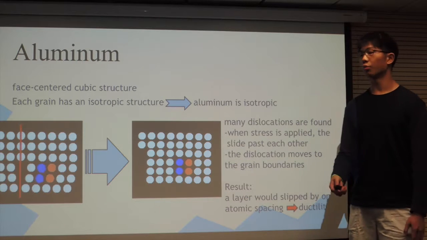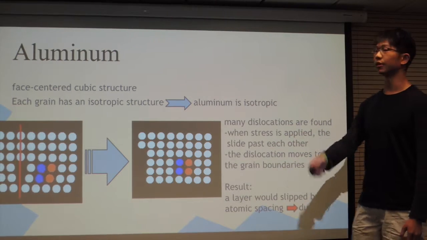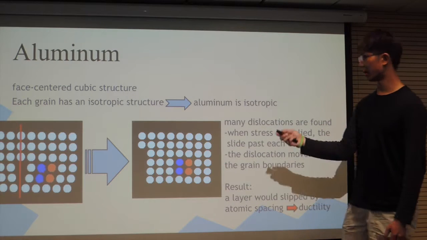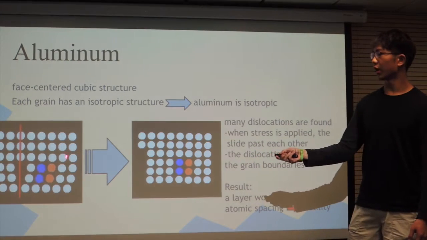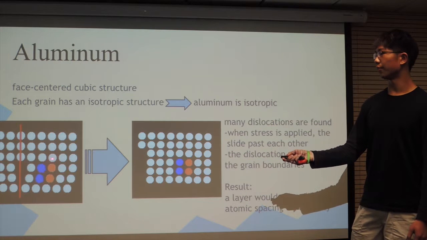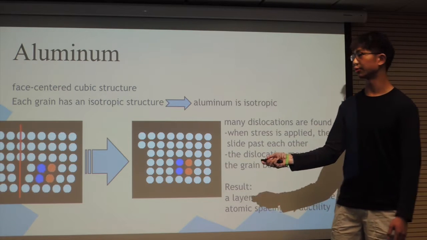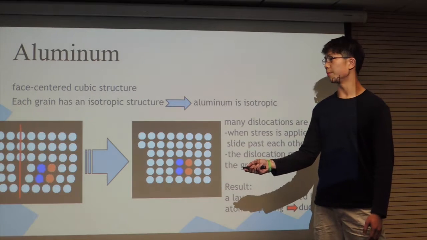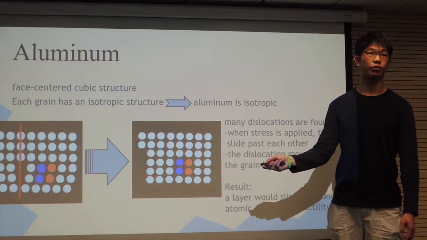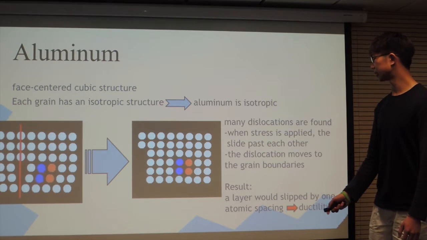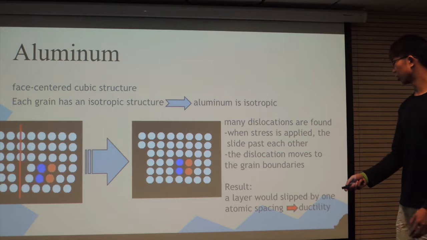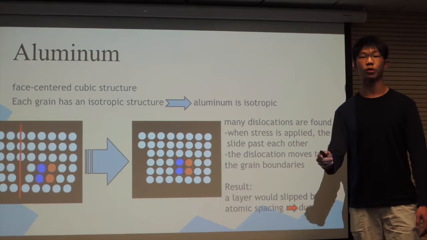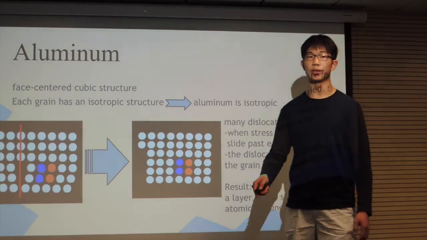So what happens is when stress is applied to the metal, all these single white atoms at white grains will be moved to the right hand side or moved apart from the dislocations, while the dislocations themselves will be moved to the grain boundary. So all this eventually makes layers of grains slip away by one atomic spacing, and all this has made aluminium very ductile.